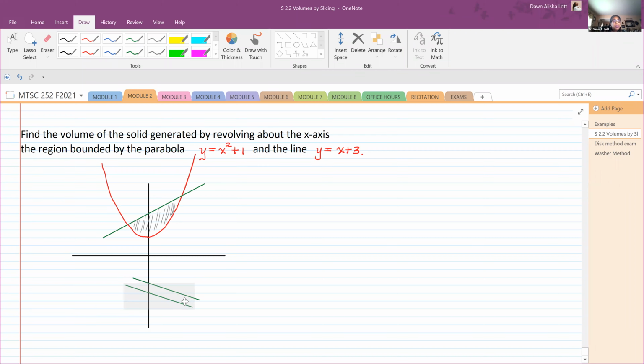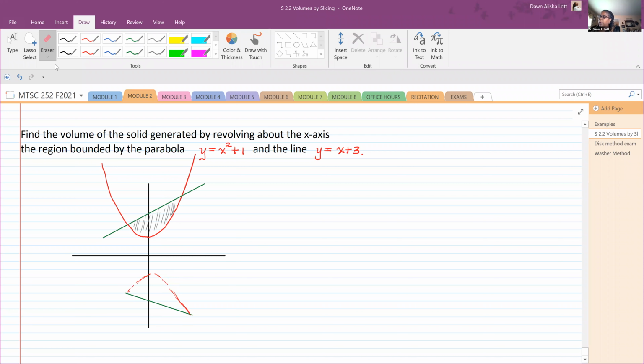No, maybe a little lower. And then your red piece should be going like this. Mine is not the best, but it's the best that I can do at this moment.